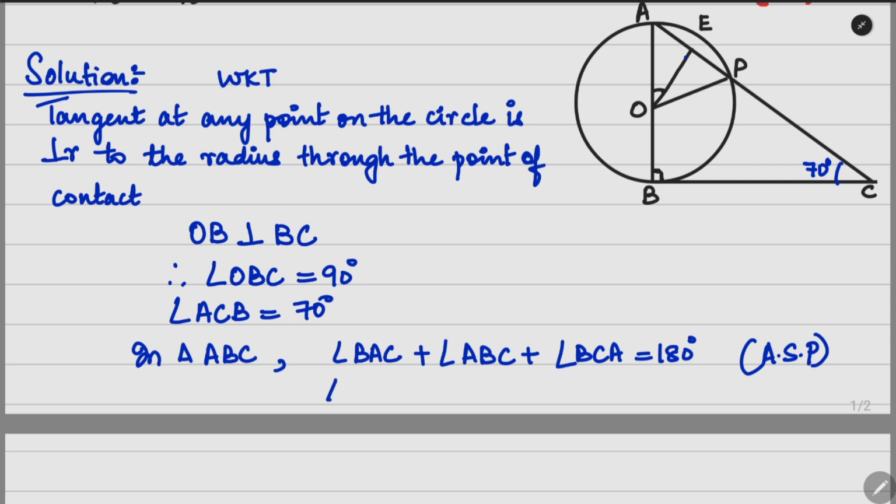What is BAC? We don't know. I'm just going to write BAC plus what is ABC? It's perpendicular, so it's 90, plus what is BCA? It's already given as 70 equal to 180 degree.